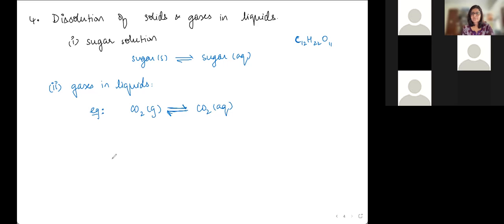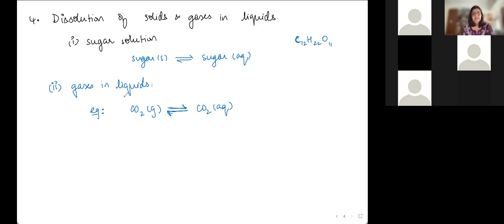Aerated drinks. Aerated drinks, yes, sodas. Coke, Pepsi, Fanta, 7-Up, all that. Okay. So again, we won't go deep into it, but I'll mention it, I think this is there in your textbook. That's why I'm mentioning it.